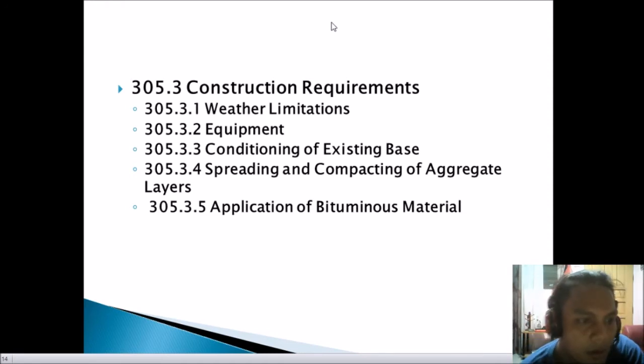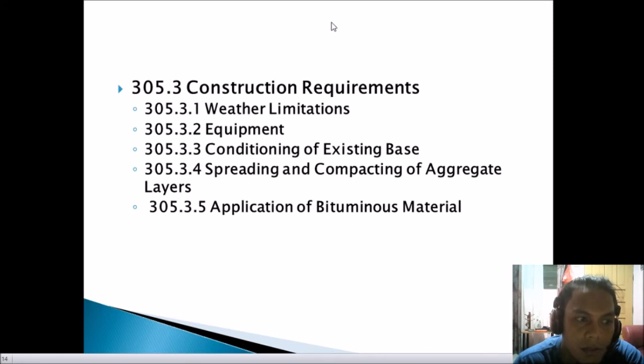Of all loose foreign materials, the existing base shall be swept until the embedded large aggregates are exposed, or in this case, of previously constructed asphalt surface, until the surface is free of mud and other covering. It should be swept thoroughly, with nothing left behind, so that it is very clean.